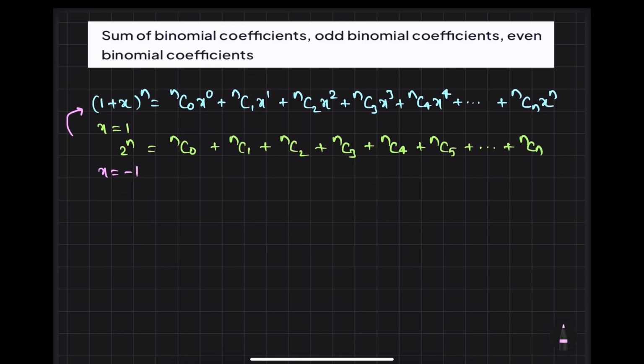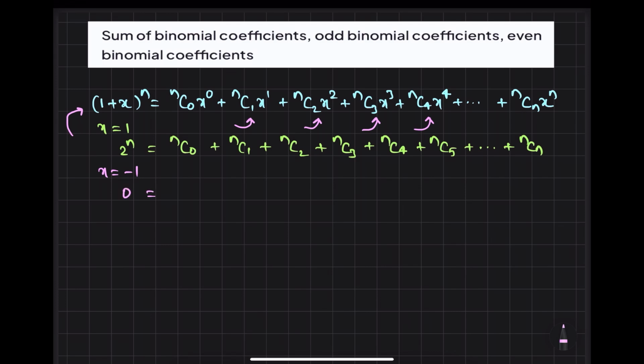Because if I take x as minus 1, this has an odd power, so it will become minus. This has an even power, so it will become plus. Odd power, minus. Even power, plus. And things will keep on going. But the LHS will become 0. 1 minus 1 is 0, and 0^n is 0.